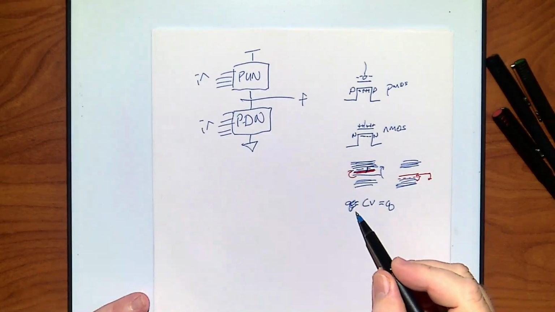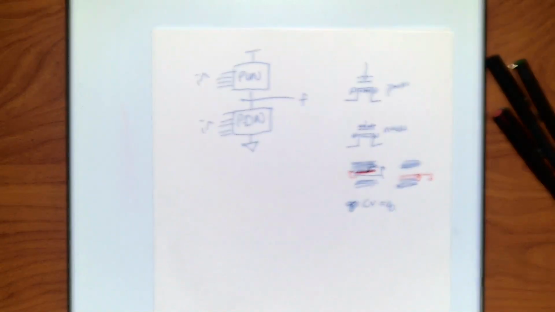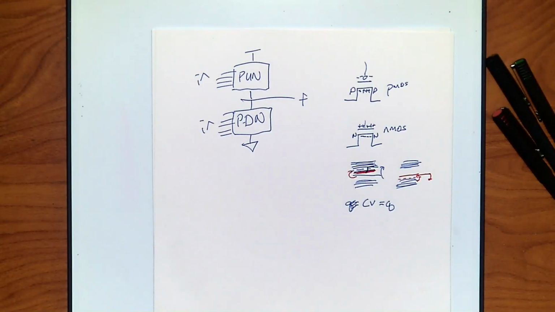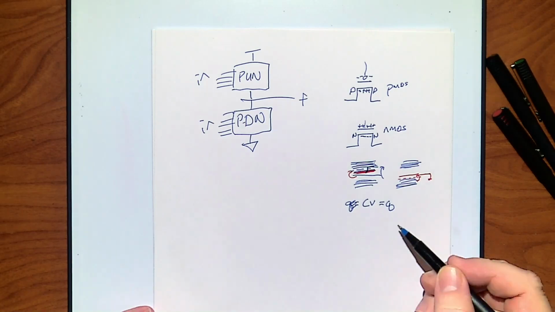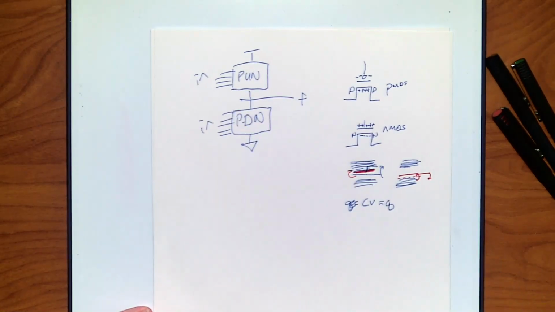Let's take this basic equation and take its time derivative. So I'm going to go this way now. What's the derivative of Q with respect to time? It becomes Q dot. The charge can change over time, can't it?